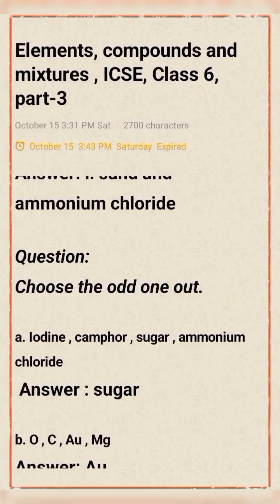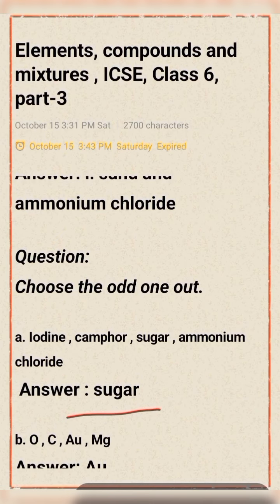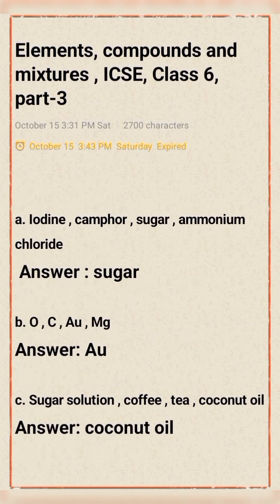Number 1 question. Iodine, camphor, sugar, ammonium chloride. Sugar is the right answer. It is the odd one out. Next part. Question number B. Oxygen O, carbon C, gold Au, and magnesium Mg.